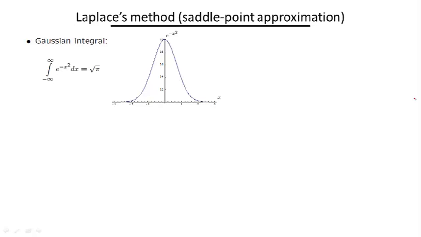Now, we have seen already the Gaussian integral, which is an integral of e to the power minus x squared between minus infinity and plus infinity, and we know the result is equal to the square root of pi. What this integral represents is the area enclosed by this curve, which is the plot of the Gaussian function e to the minus x squared as a function of x.